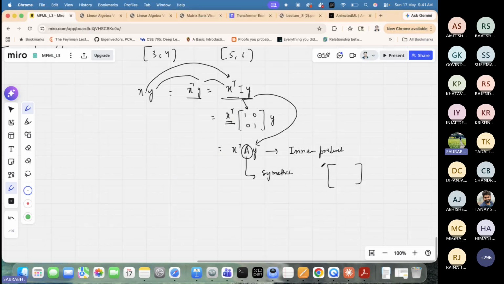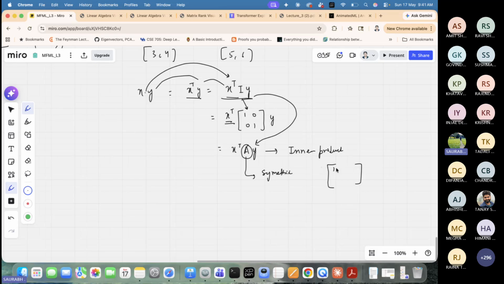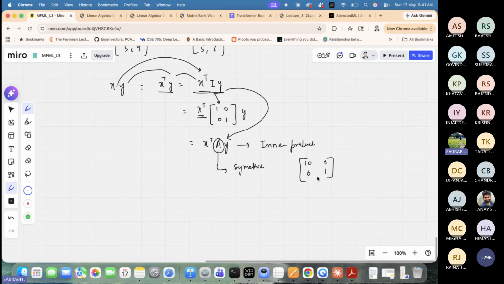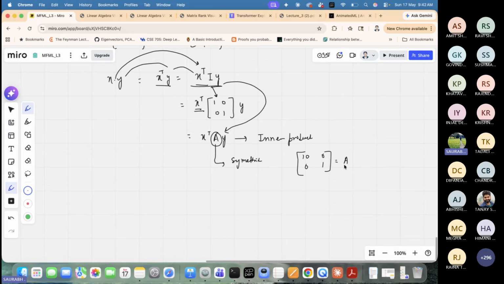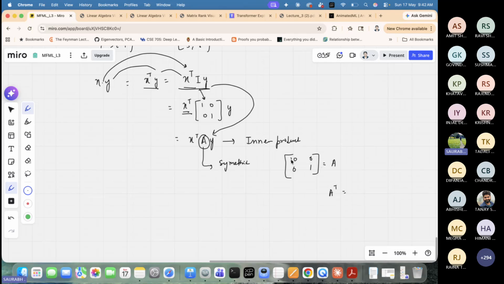That's right. Let's say, for example, you have a matrix like this, 10 0 0 1. This is a symmetric matrix, because if you think of this as A and take its transpose, as in changing rows to columns and columns to rows, if I take the first row and change it to a column, I would get 10 and 0, and then I take the second row and make it a column, I will get 0 and 1.